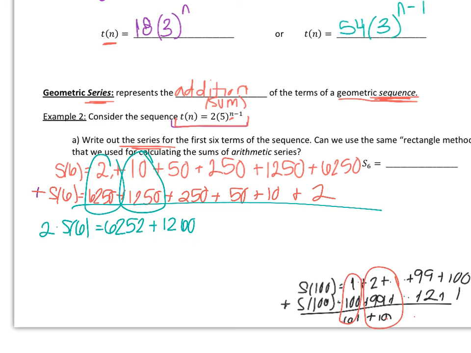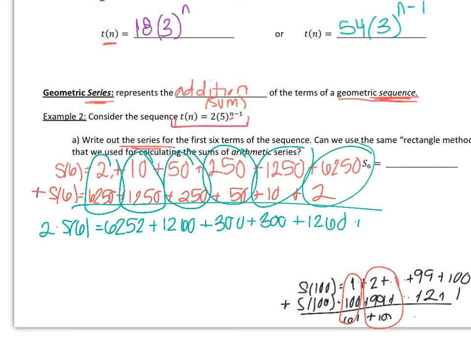So it's kind of a red flag. I can continue and I would have plus 300, plus another 300, plus 1260 again, plus 6252. So we do see a pattern here.